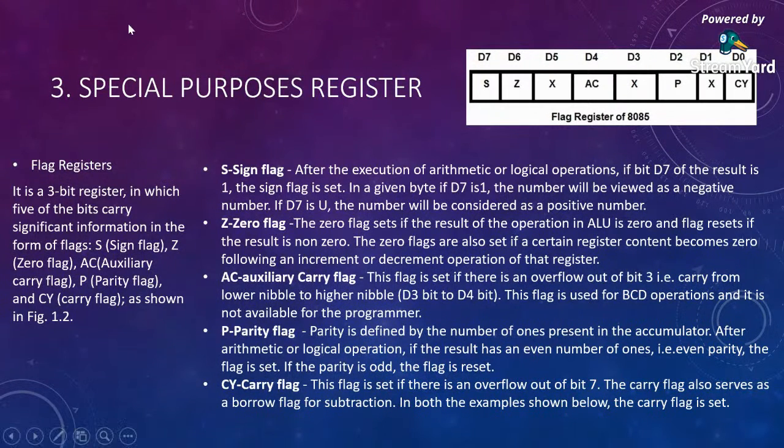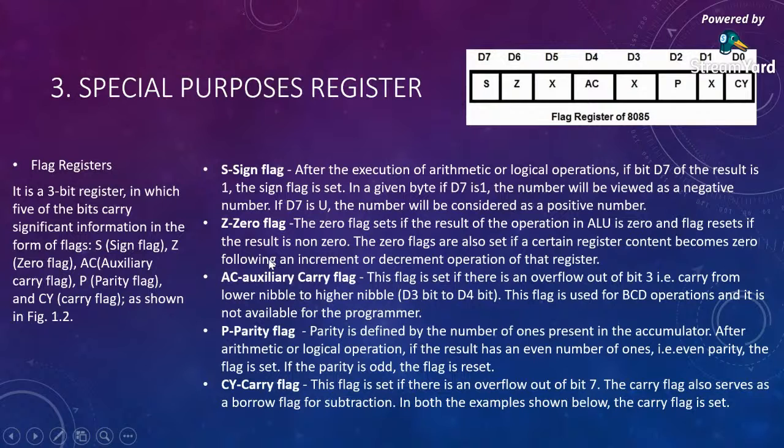Zero flag means that the result is 0. Then the flag is active, at 1. Auxiliary carry flag: if there is a carry from the lower nibble to the higher nibble, D3 to D4, the auxiliary carry flag will be active.